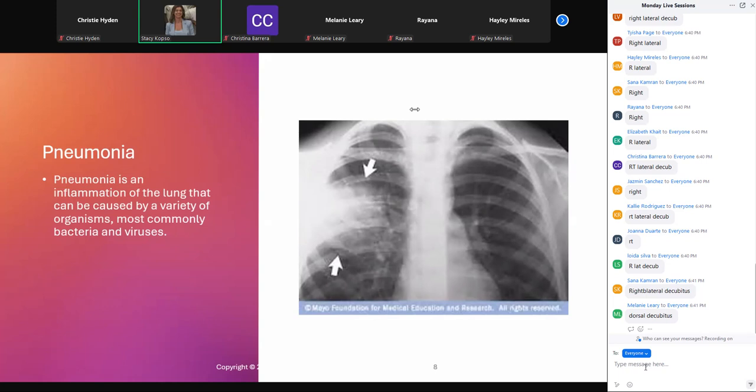So we've got a non-ambulatory abdomen patient. Everyone should be typing in the chat which decubitus they're going to do.